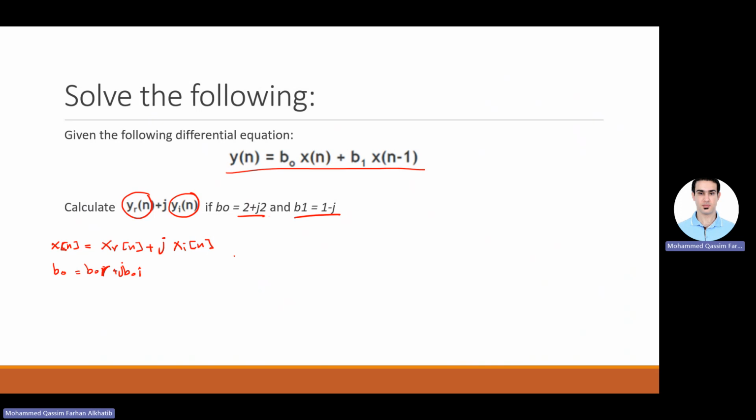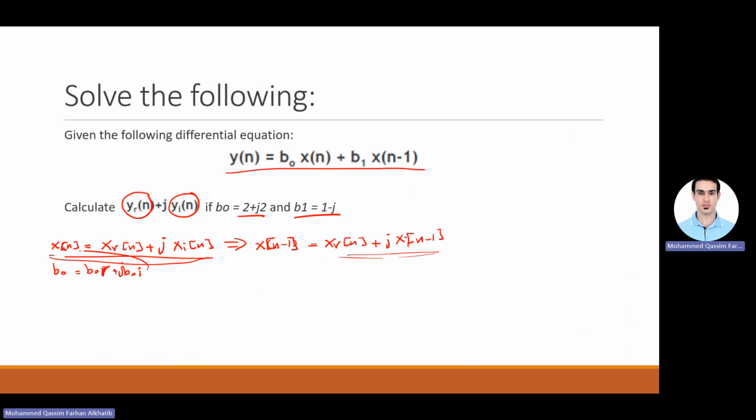All right. Also, from this one, we can intuitively say that x of n minus 1 equals x real of n minus 1 plus j x imaginary of n minus 1. All right, so I have all this information.